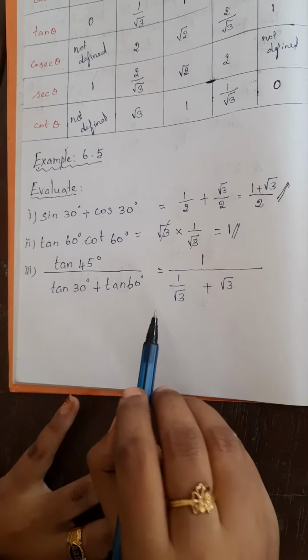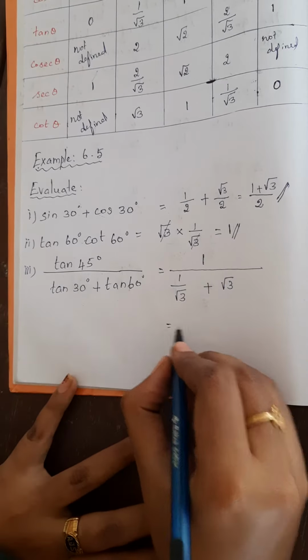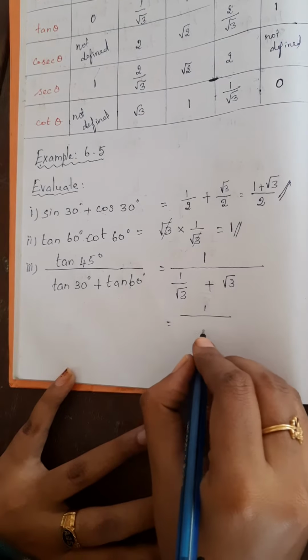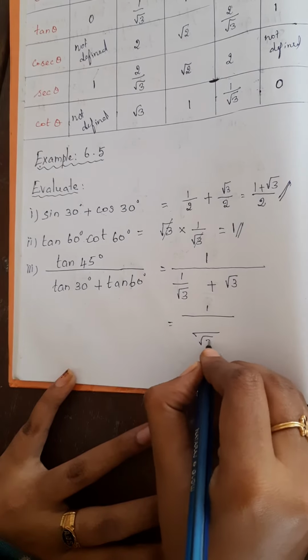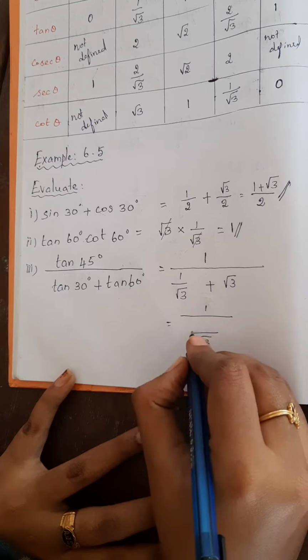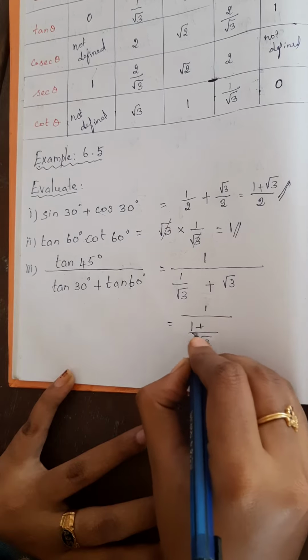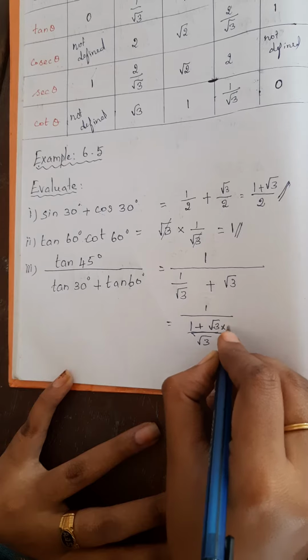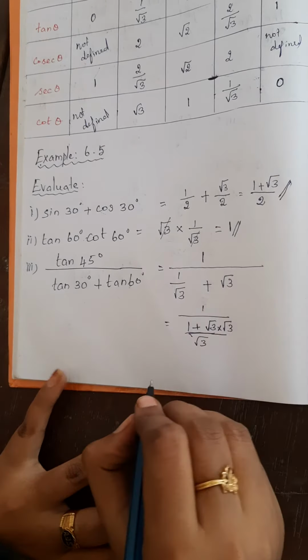Now take the LCM. 1 by, LCM is root 3. Then 1 plus, root 3 into root 3.